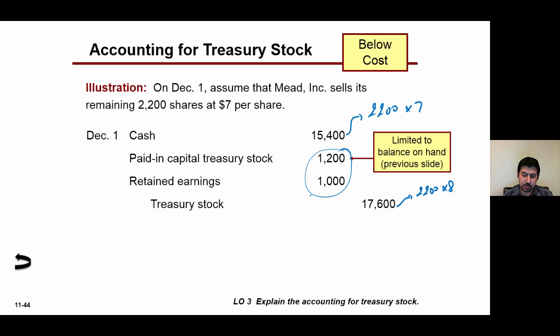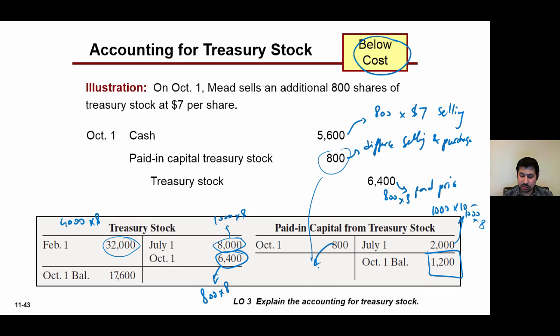The difference between the two is 2,200. However, as you can remember from the previous slide, the balance in paid-in capital from treasury stock was 1,200.